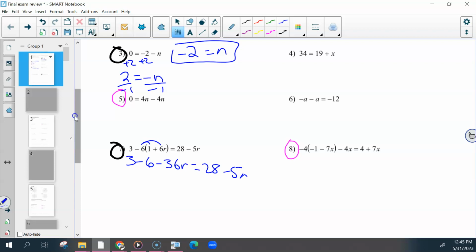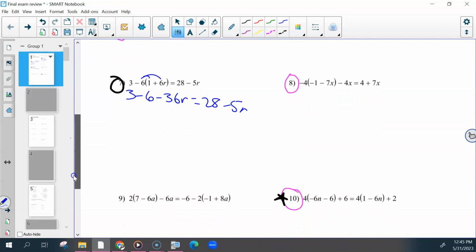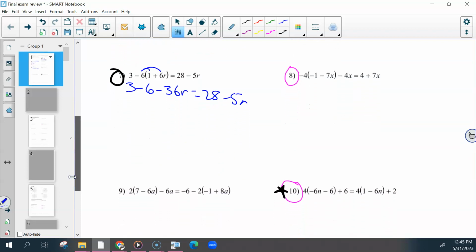Combine what? What are the like terms? Say that again, sorry. So that would be moving it to the other side, not combining like terms. 3 and -6.